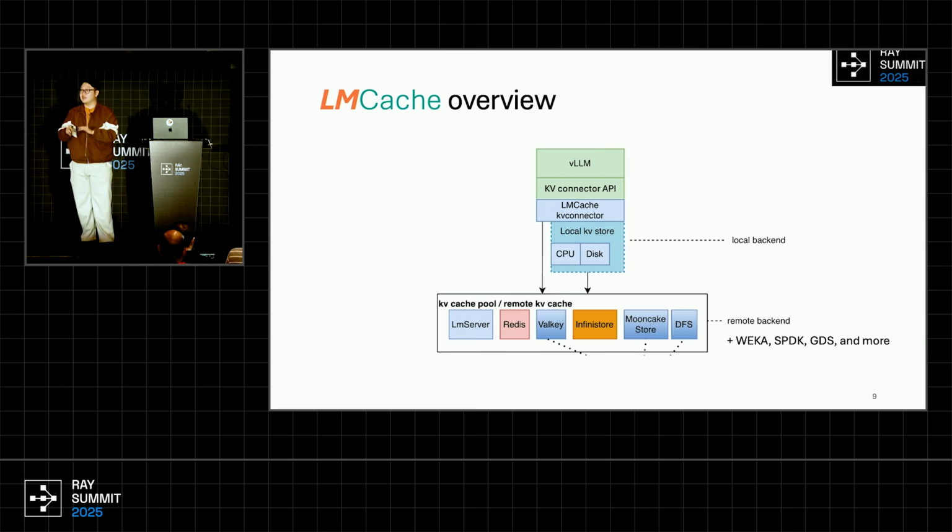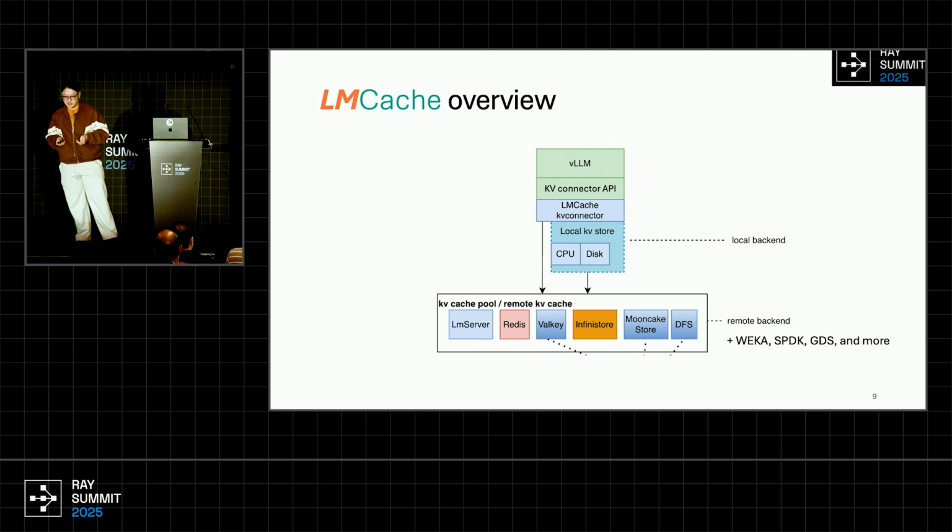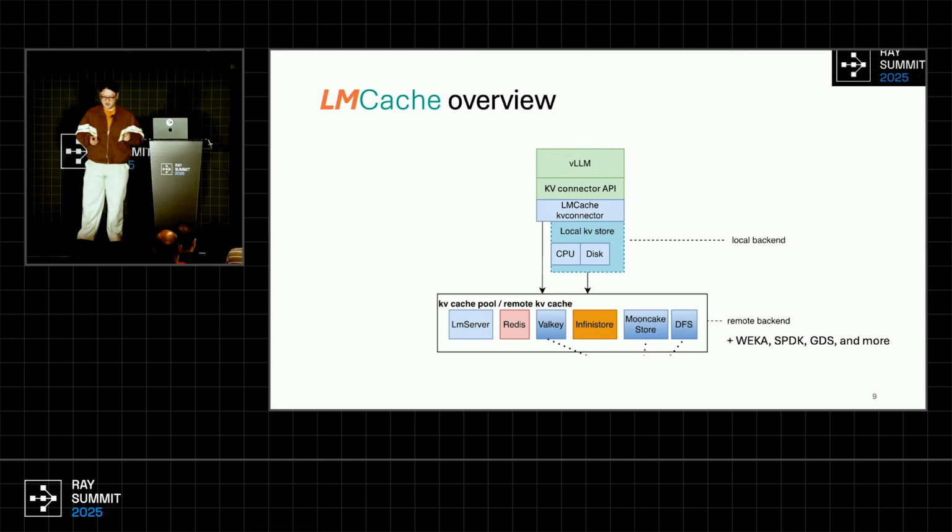One is media attached to the local node, for example CPU DRAM and CPU disk. And there's also a separate component that operates on remote data, for example a remote server, Redis, Valkey, Infinity Store, Mooncake Store, DFS, and of course there will be Ray, and we are working on it.